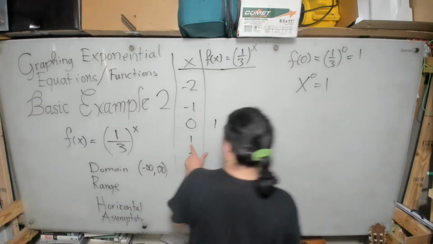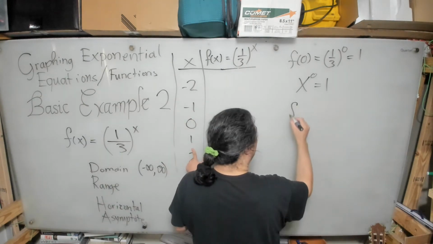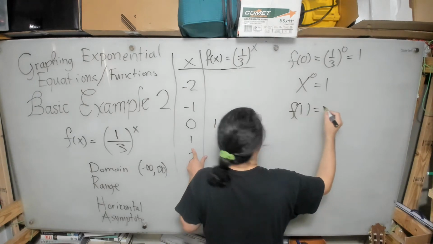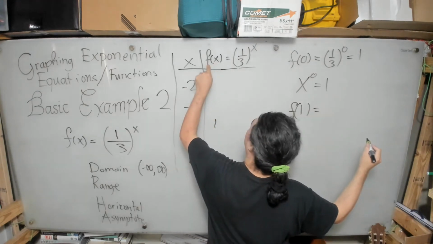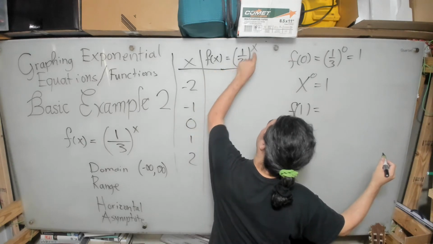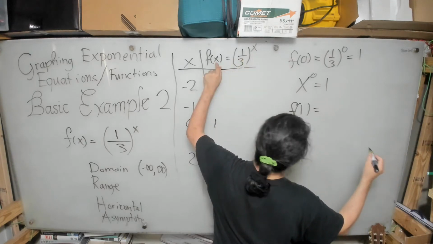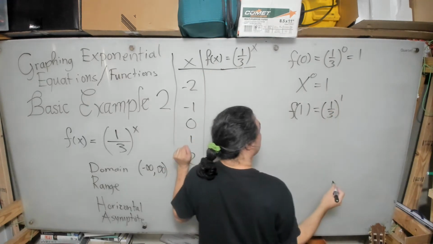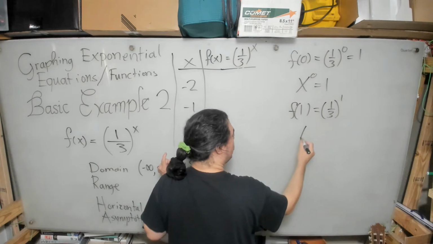What about at x equals 1? At x equals 1, f of 1 is going to equal, what's my expression for f? f takes an input x and outputs the value 1/3 raised to the x power. In this case, the x is 1, so it'll be 1/3 raised to the 1 power. We know again, there's an exponential rule.